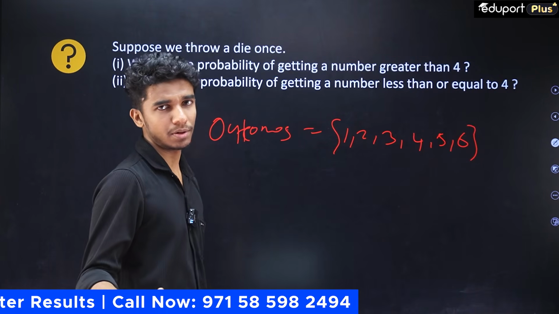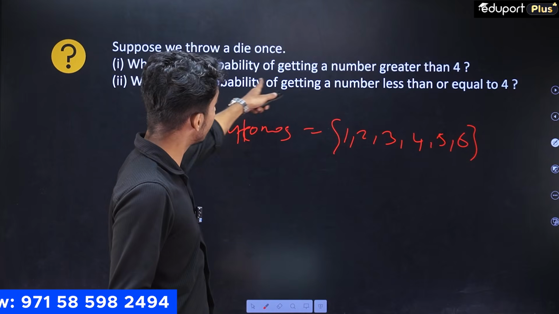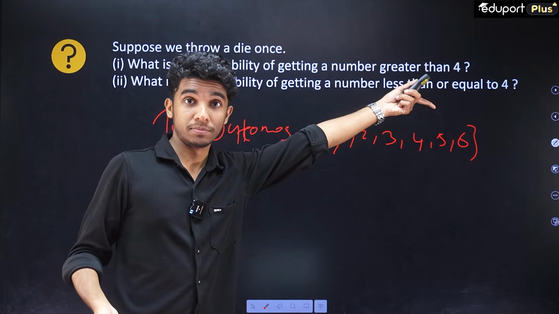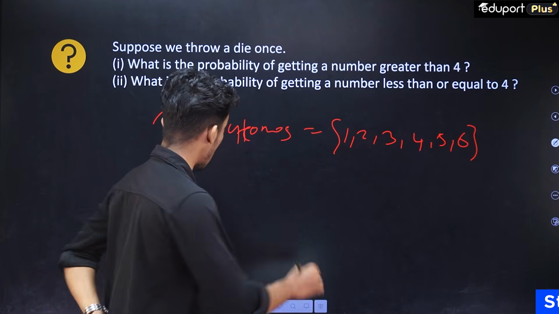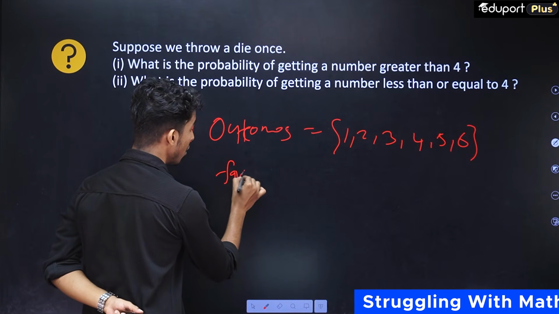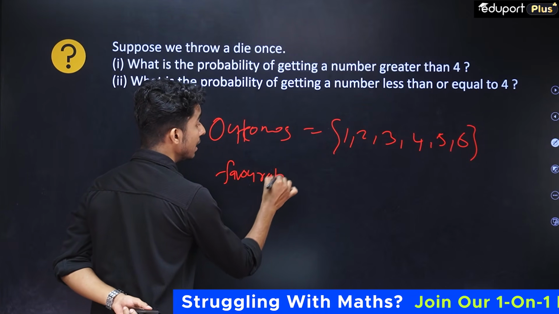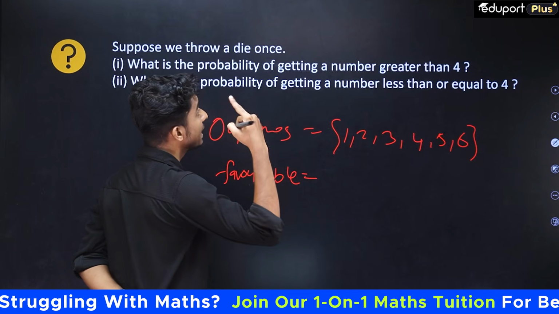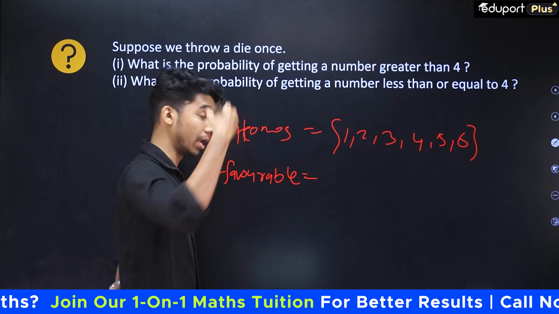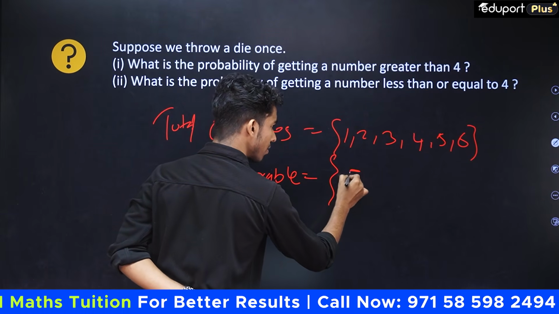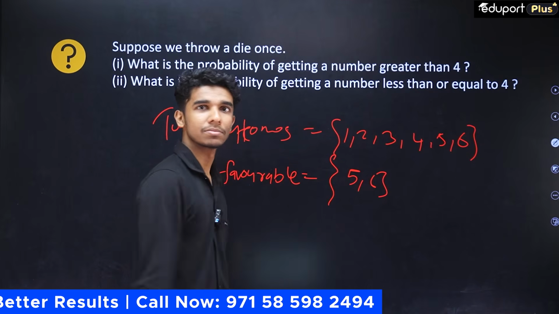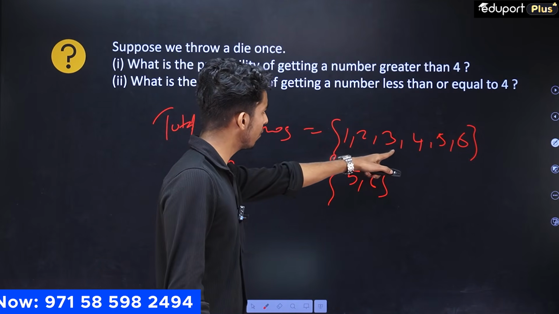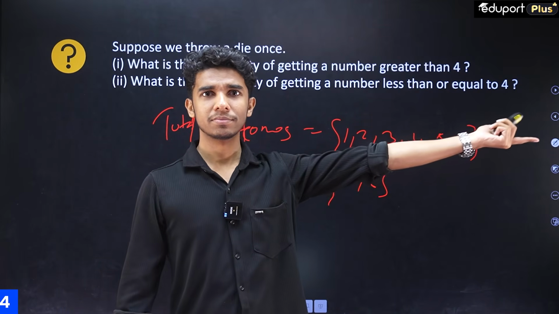Our favorable outcomes are numbers greater than 4, which are 5 and 6 only.